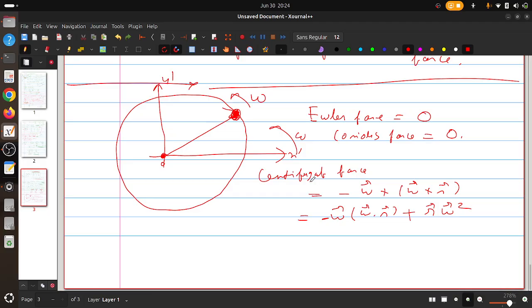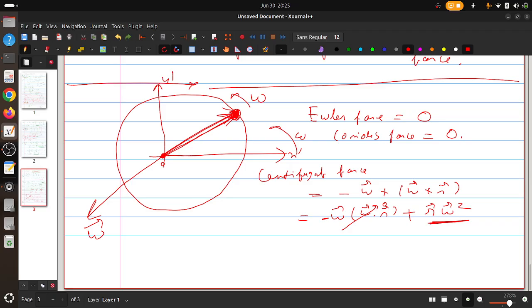To further simplify, the omega vector is in the z direction, and we are watching the position vector r, which is perpendicular, in the x coordinate. So omega dot r is 0. The only term that survives is this one.